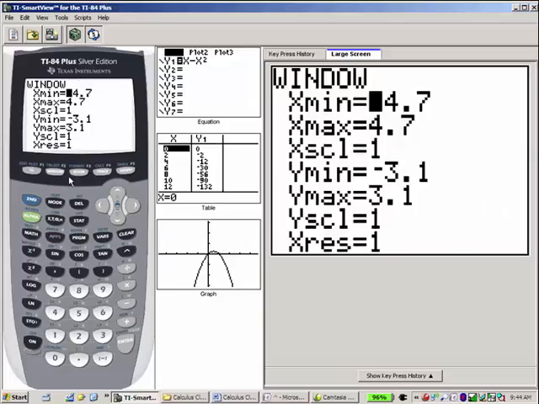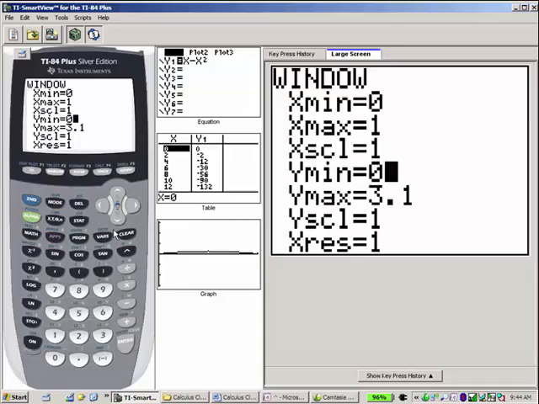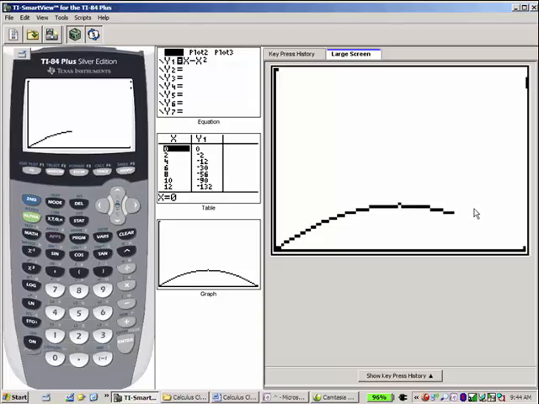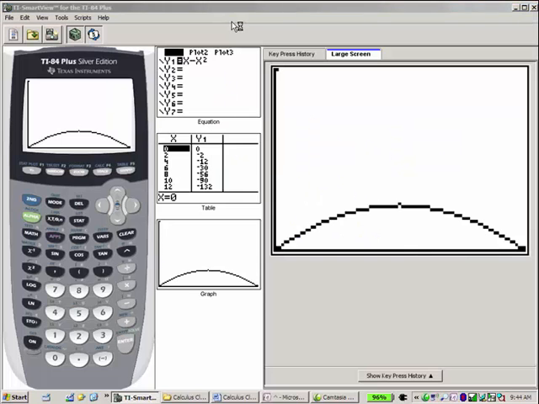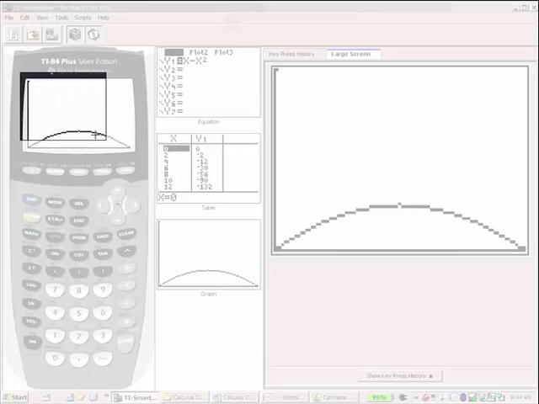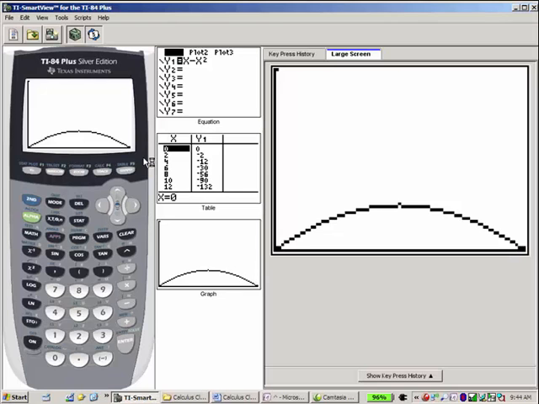Let's do window from 0 to 1 and from 0 to 1. And so, if I take a look, let's see. No, hold on, I'm going to try to show you.